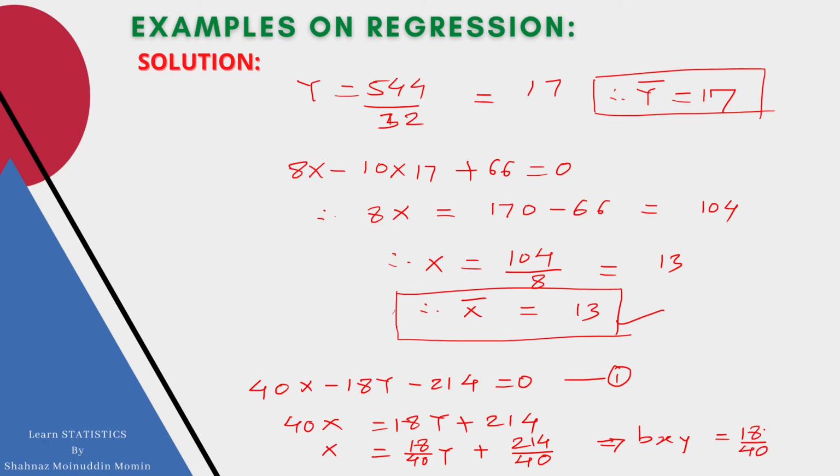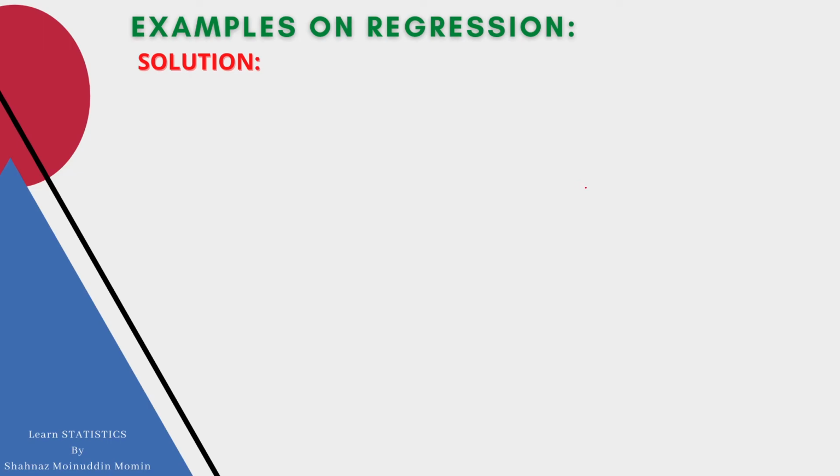Similarly, consider equation 2 to obtain the regression coefficient of y on x. What is equation 2? Let me write: 8x minus 10y plus 66 equal to 0. Therefore, minus 10y is equal to minus 8x minus 66.